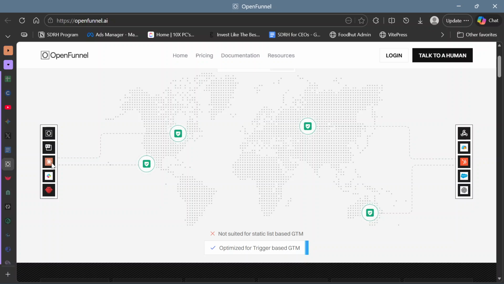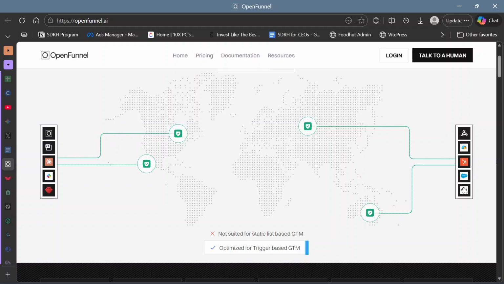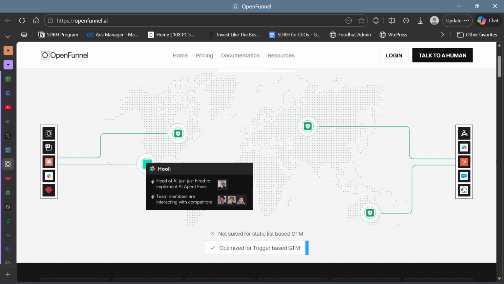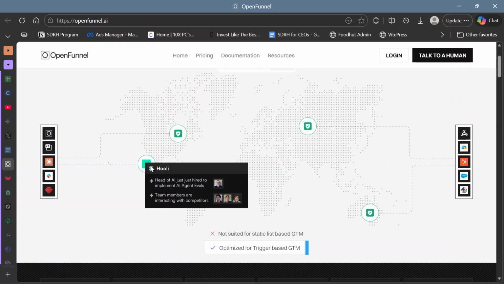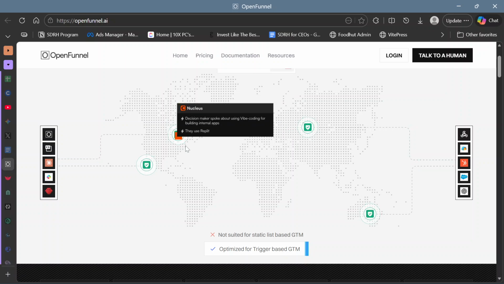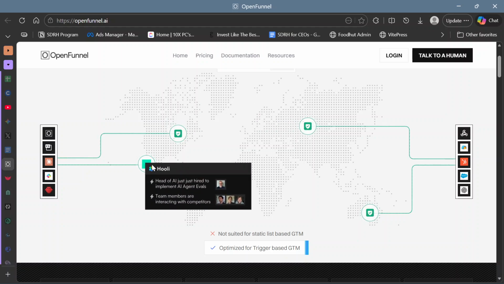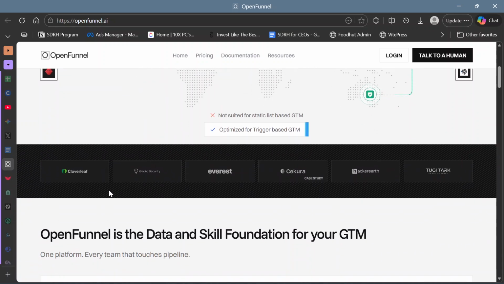Okay, so we can see Claude, Slack, Salesforce, HubSpot, ChatGPT. I reckon these are some of the core apps that they get intelligence from. So it's probably tracking different forms of intelligence in these different apps that is listed here. But let's keep going and see how they described it.